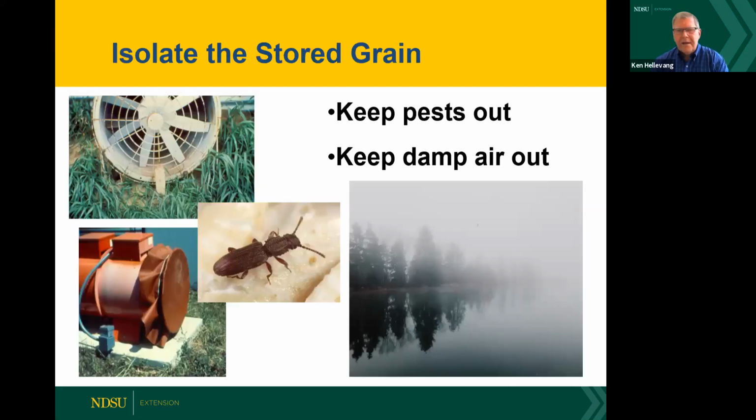And then, as I indicated, we need to isolate that stored grain. We need to keep pests out. We need to keep damp air out. Now, the visual in the upper left corner of this slide is an aeration fan that would typically move air through the grain bin, and there's a rodent standing in front of that fan.